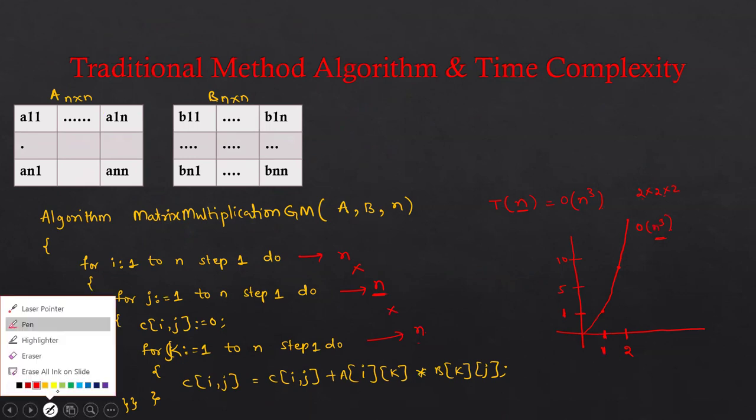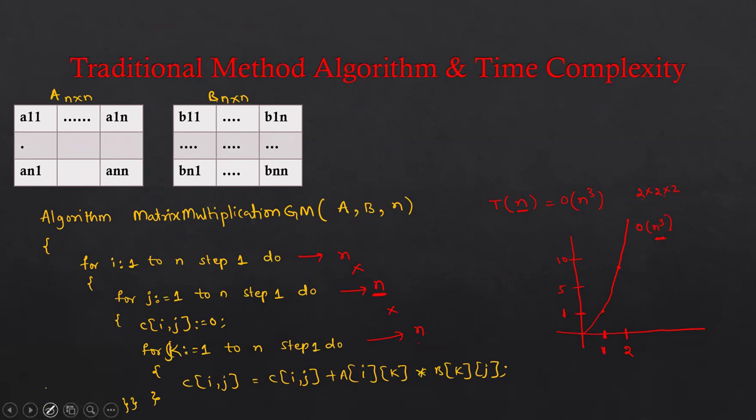The divide and conquer method also overlaps this equation. So order of n cube is the divide and conquer method, and order of n cube is the traditional method. Did I get any benefit here?